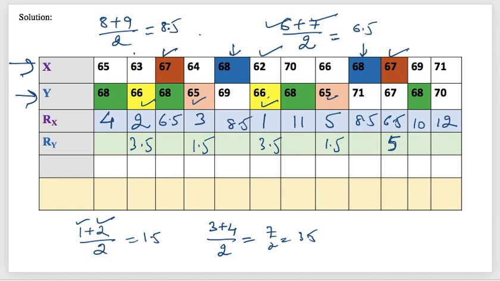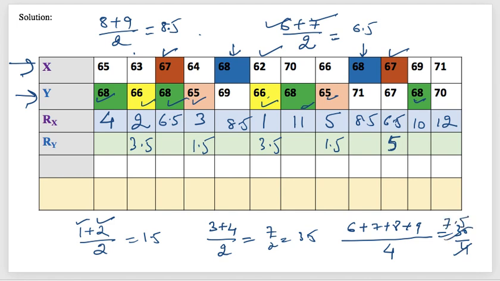Now again we are going to get a repeated rank, and that is coming at 6, because there are 4 numbers: 1, 2, 3, 4. I stopped at 5, so the next rank is 6th, then 7th, 8th and 9th. Since all 4 are the same entry, we will average them, and the sum of these is 30 by 4, which is equal to 7.5.